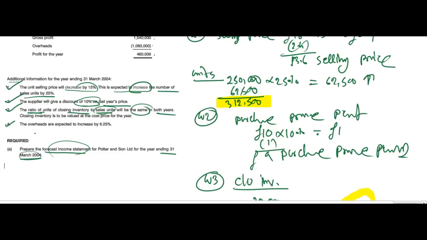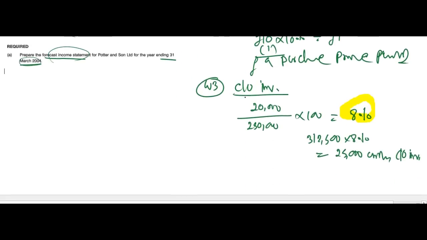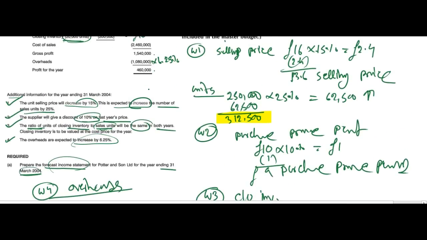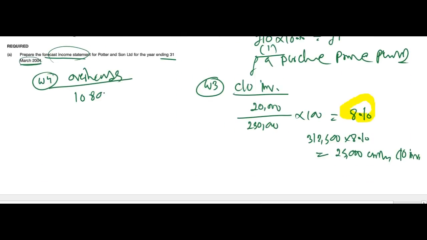Number 4, the easy peasy stuff, says overheads are expected to increase by 6.25%. So whatever it is, times by 6.25%. I'll be doing working number 4, overheads. Overheads are 108,000 times by 6.25%.